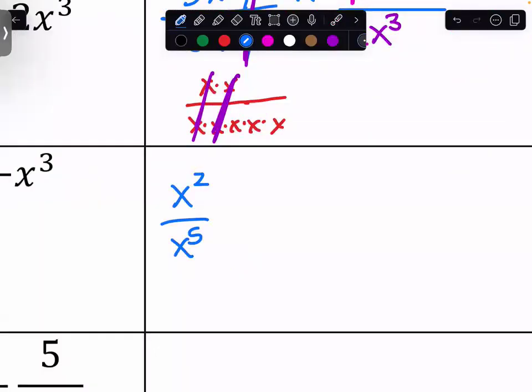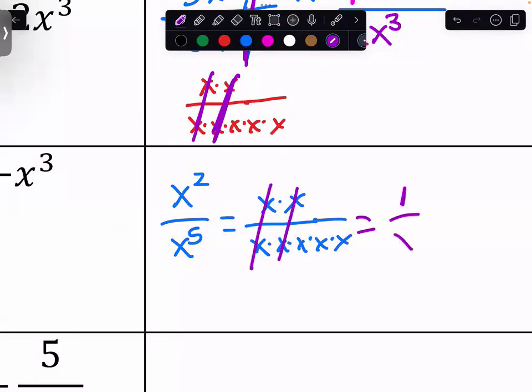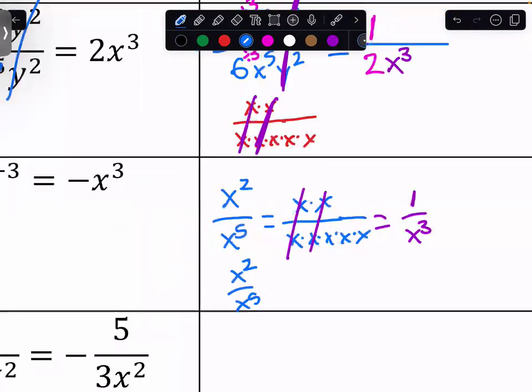Okay, so the way we just showed it, we know the correct answer is found by writing it out, canceling out the pairs, and you're left with 1 over x cubed. When the entire numerator disappears, you have to leave a 1 behind. But let's try to resolve this problem using property number 3.